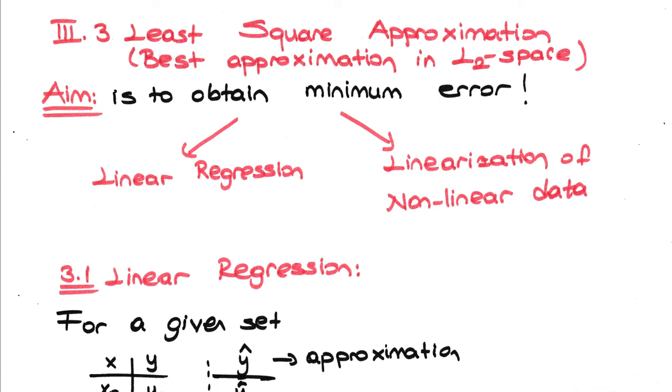Also, the feedback neural networks of artificial intelligence, as you know, use the backpropagation algorithm. The backpropagation algorithm takes the same basis that we are discussing here, the same theory.